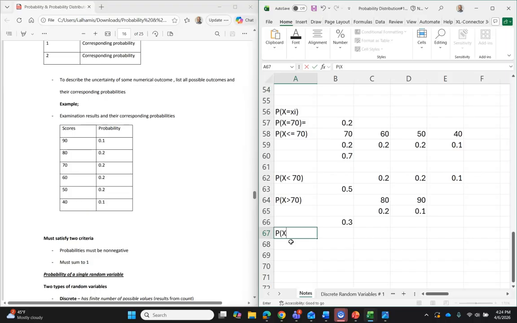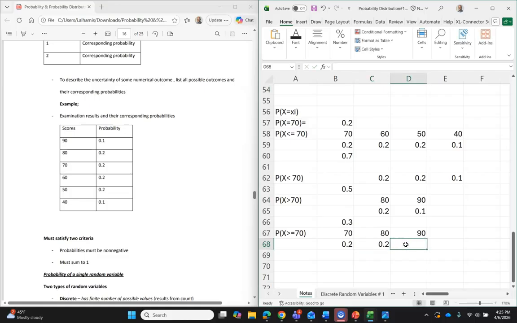So let's try the probability of x such that x is greater or equal to 70. That means we're going to include 70. So we have 70, which is included, and then we have 80, and then we have 90. In this case, we look at their corresponding probabilities. For 70, we have 0.2. For 80, we have 0.2 as well.